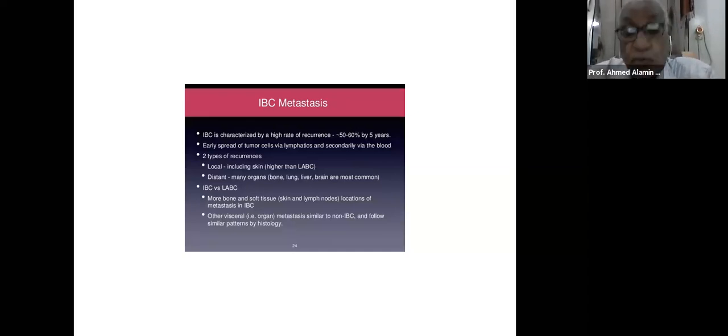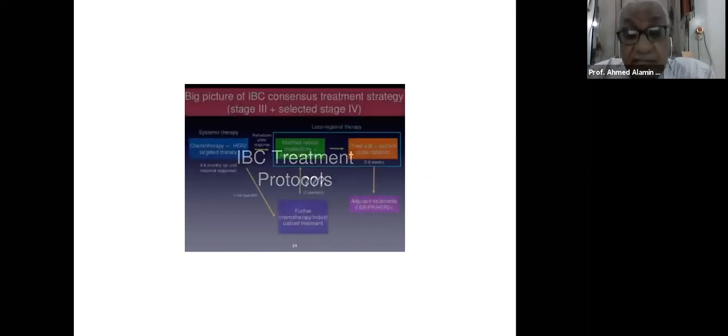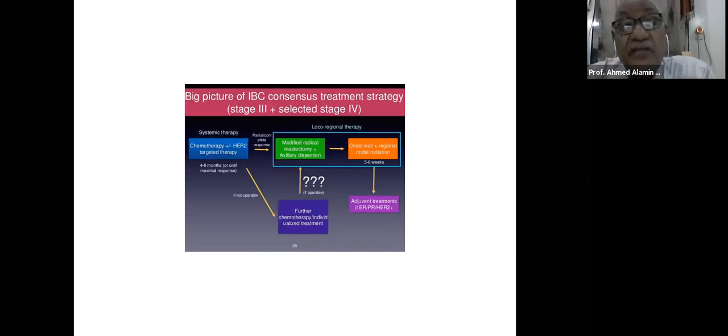But metastasis in the bone, one or two, will not prevent local surgical treatment because usually they disappear with the neoadjuvant treatment. The protocol for treatment of inflammatory breast cancer, the consensus treatment strategy: first, systemic therapy, chemotherapy, plus or minus hormonal or targeted therapy, for 4 to 6 months or until maximal response.